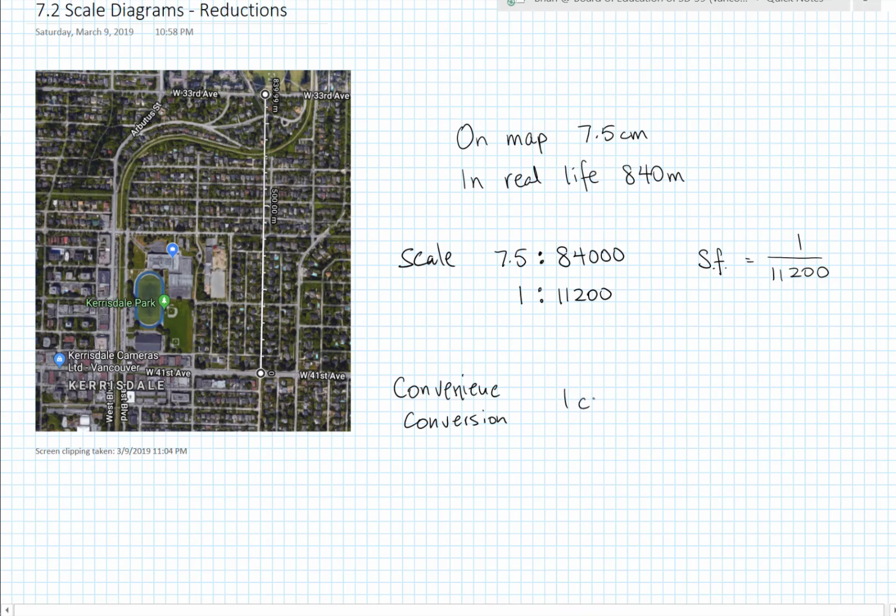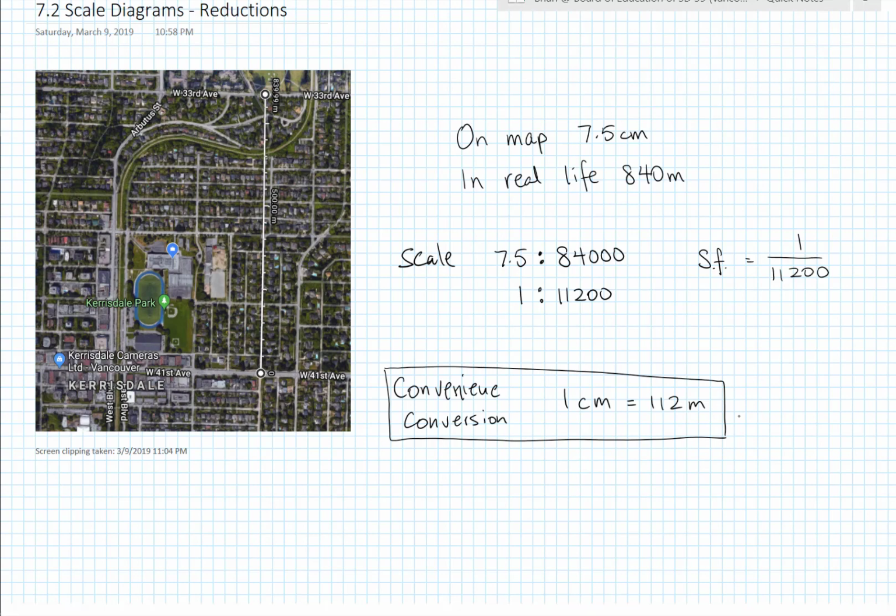For instance, for this particular map, you can see that 1 centimeter on the map is equivalent to 112 meters in real life. Right? 11,200 centimeters is 112 meters. So this will often appear at some point on the map. And it is very convenient because now you can just measure off centimeters and know that every centimeter is 112 meters.